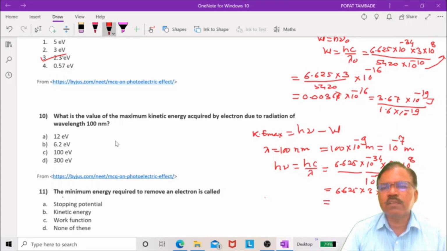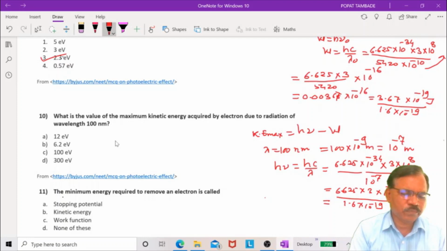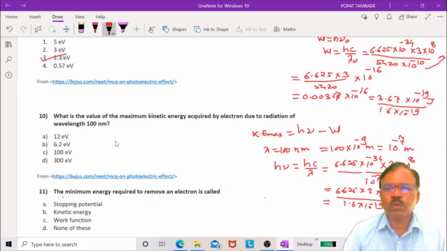Now we can convert this into electron volt by dividing by 1.6 into 10 raised to minus 19. So we'll get 6.625 into 3 divided by 1.6, we get 12.42. So h nu is 12.42 electron volt.